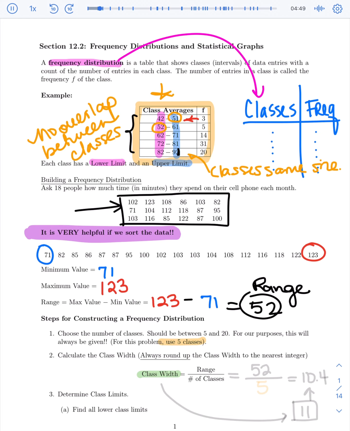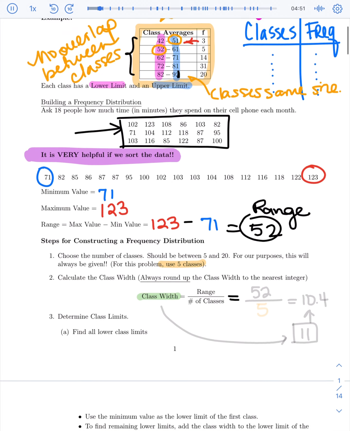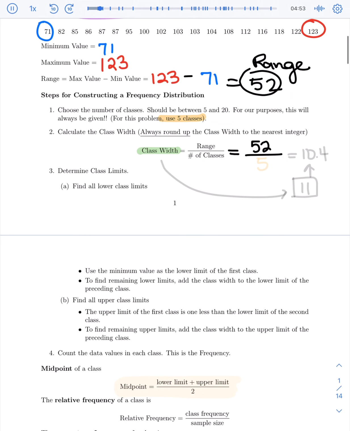You take your range of numbers, which we just found was 52, and divide by how many classes we want, which is 5. The problem is you're always going to get a decimal of some kind. We get the number 10.4. And it has to be rounded. Well, we're going to always round up no matter what. Even if this was a 10.1, we would round it up to 11.